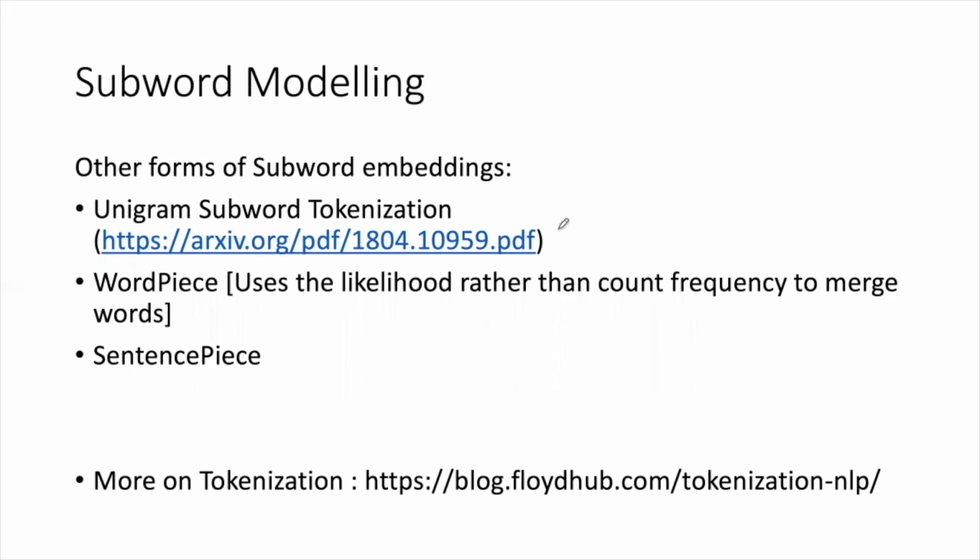Similarly, we have word piece tokenization, which uses likelihood rather than count frequency to merge words. We also have sentence piece. So there are different types of subword modeling techniques.